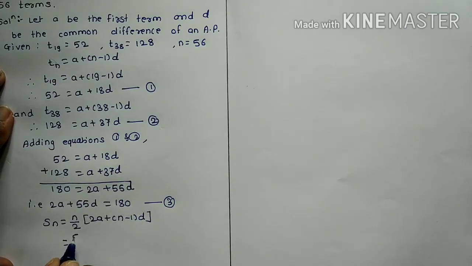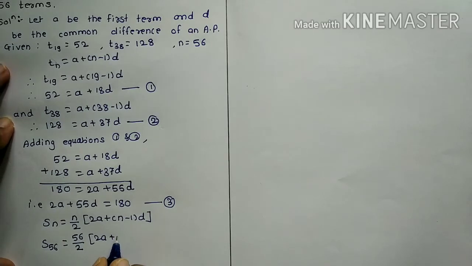N is 56, so 56 upon 2, and Sn means S56. 2A plus n minus 1, that is 56 minus 1 into D, equal to 56 upon 2 which is 28.